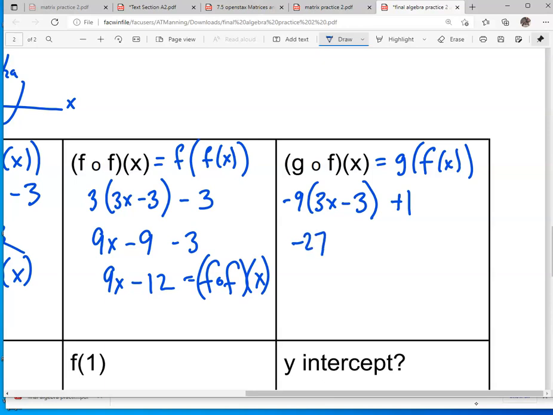Watch the signs. Negative 9 times negative 3 is a plus 27. And plus 1. Now that becomes negative 27x plus 28.